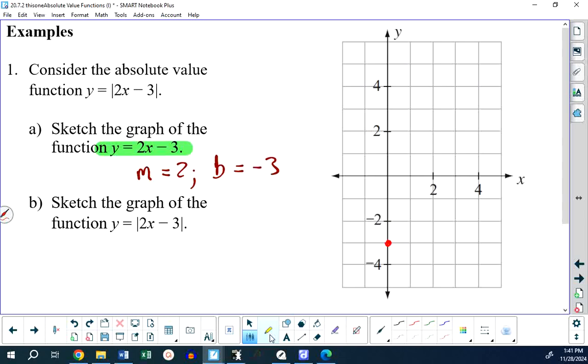Negative 3, slope of 2 means you go over 1 and up 2, over 1 and up 2, over 1 and up 2. So take your ruler and draw the function. I guess we can label this y equals 2x minus 3.